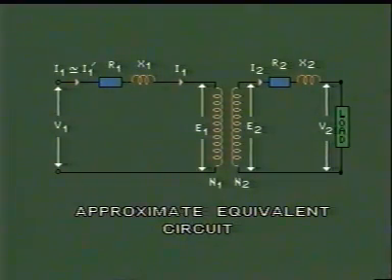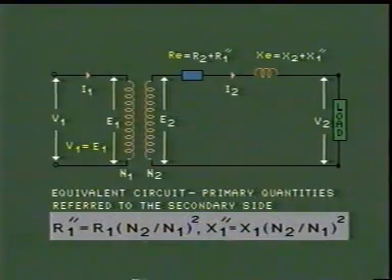Now in the next diagram we will show how these two circuits could be made a simple single series circuit. In this circuit what we have done is that we have transferred the resistance and reactance of the primary circuit to the secondary side.